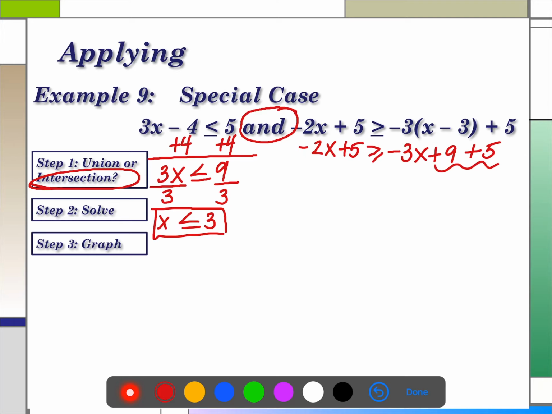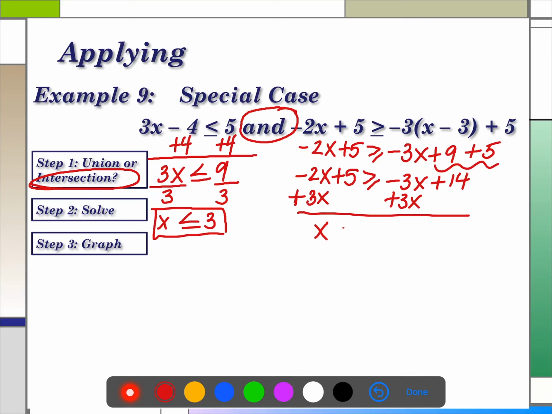I'm going to combine like terms and move my smaller variable. Okay.